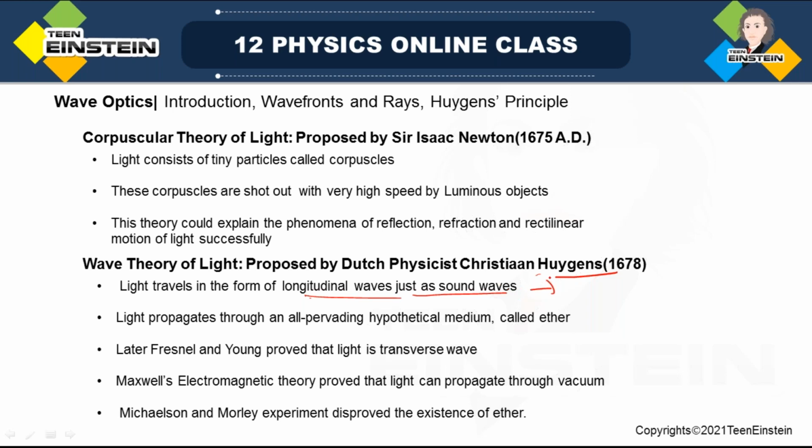But obviously, light is not a longitudinal wave. We know it is transverse in nature now. Light is an electromagnetic wave, we know now. But during that time, it was not accepted because the only wave known at that time was the sound wave.